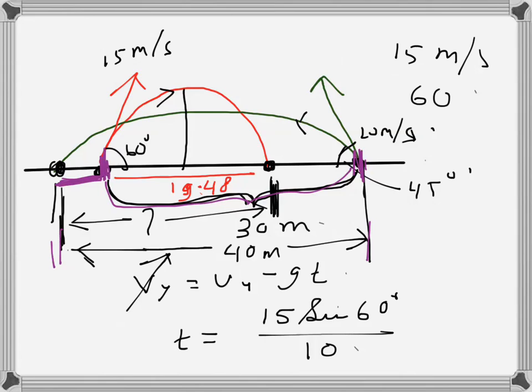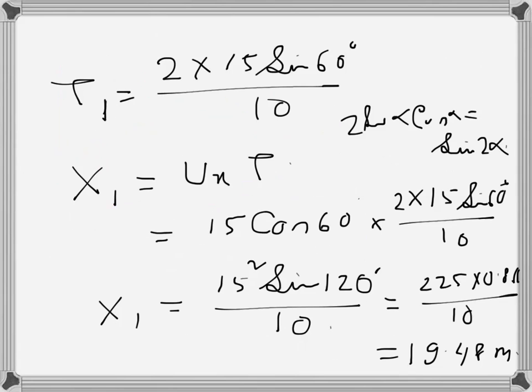If we subtract 40 minus 30, that will give us this much, and then we have to add the 19.48 to get our desired distance, because this much is what we need. So 19.48 is already there, which is the range of the first one, plus the subtracted 10. So 40 minus 30 gives us this one, plus this one will be our desired value.